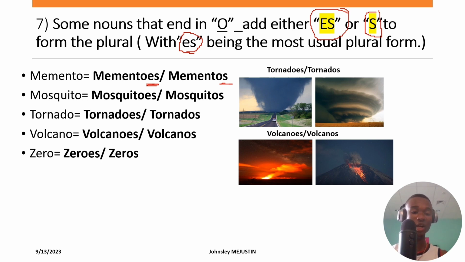And mosquito, you add either es or s. Both are correct. I have a question, by the way. What do you call a female mosquito? A female mosquito is called Anopheles.